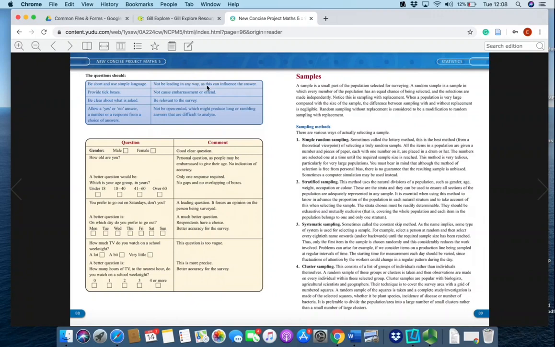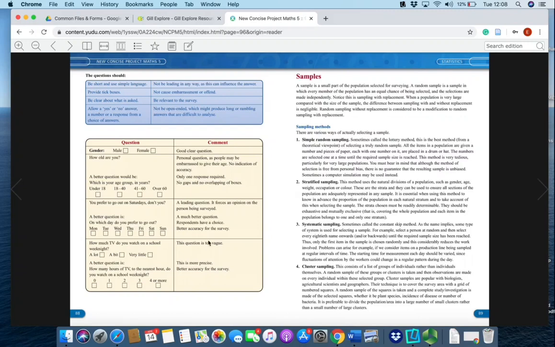You have to ask the question, what is your opinion of Coors Light as a beer? It should not cause embarrassment or offend. Really careful with this one now, asking people their gender, for example. It should be relevant to the survey, and it should not be open-ended, which might produce long or rambling answers that are difficult to analyse.